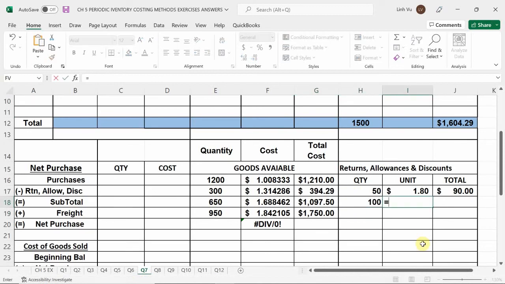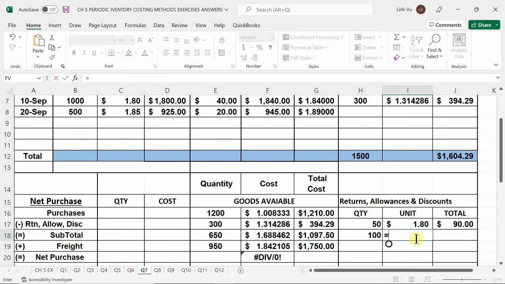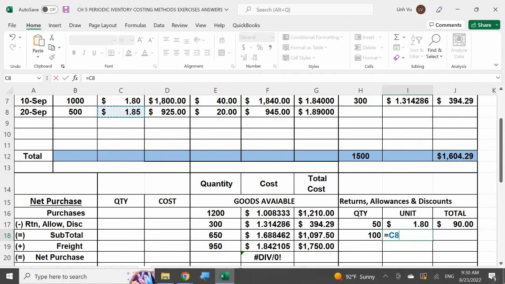So you return 100 items at what unit price? $1.85. So therefore, your total refund is $185.